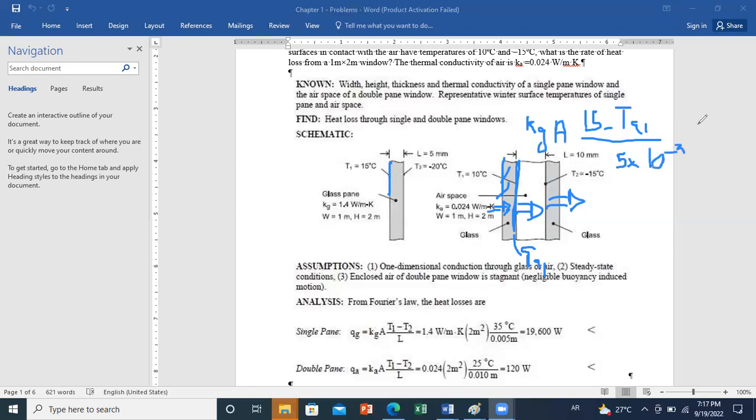This equals, for the air layer, k air times the area times TR1 minus TR2 over the thickness, let's say 10 millimeter, so 10 times 10 to the minus 3.